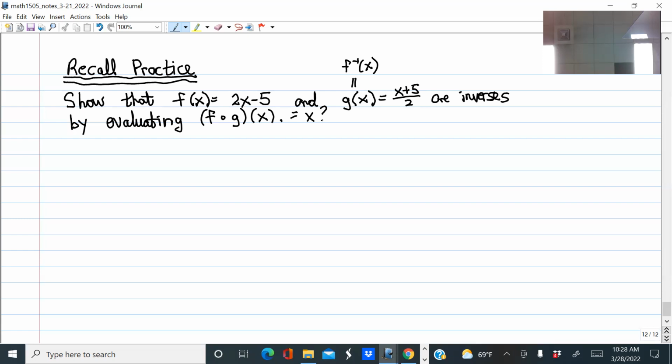But that's what you want, because when you compose the function, usually, now remember, usually with those functions, you won't get just x, right?